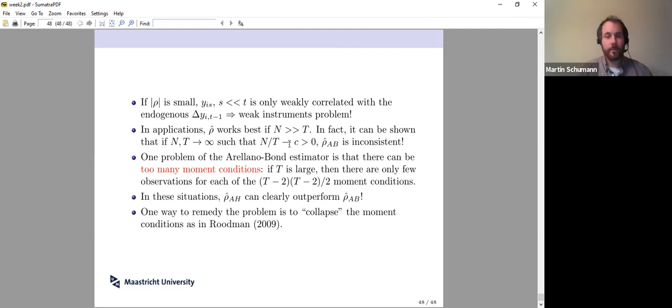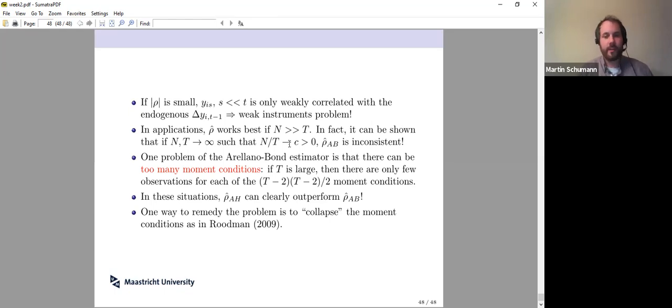And one of the problems is that you have simply too many moment conditions. The number of moment conditions increases quadratically in t, and then for each of the moment conditions, you have just very few observations if n is not large enough.